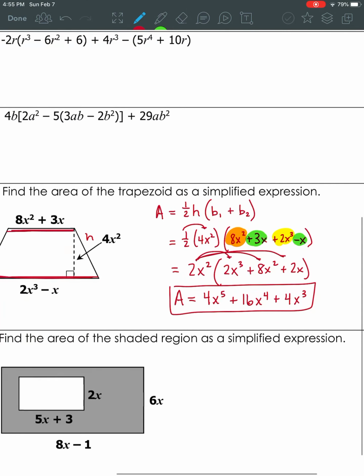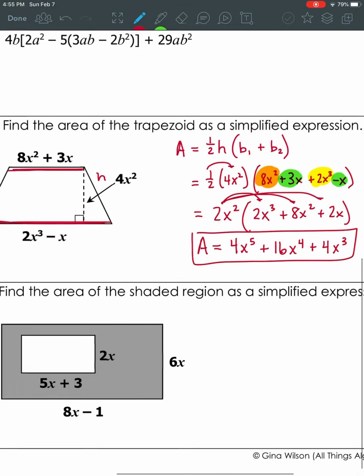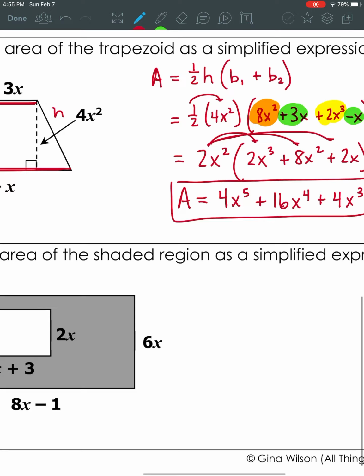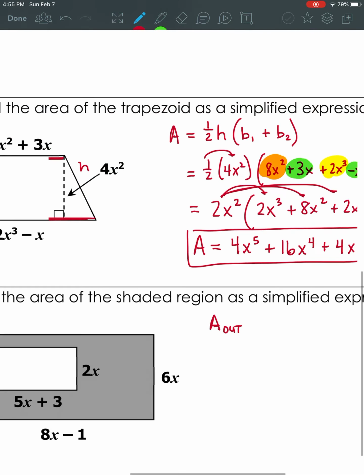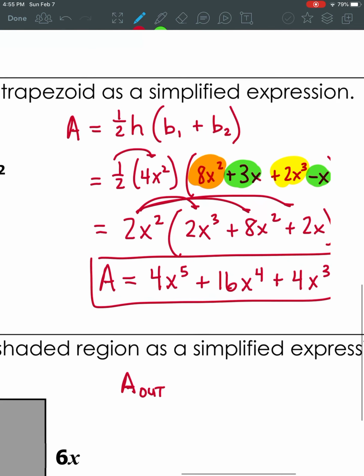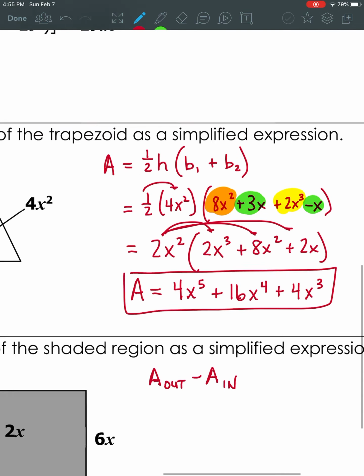Now, last one, we're going to find the area of the gray, the shaded area. So what we'll want to do is find the area of the entire shape. So let's say that whole rectangle, and then we want to subtract the area of that inside rectangle.